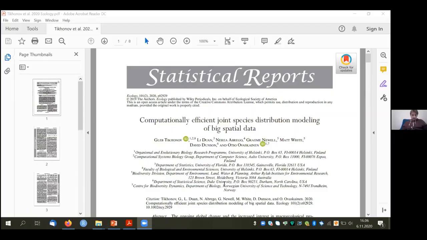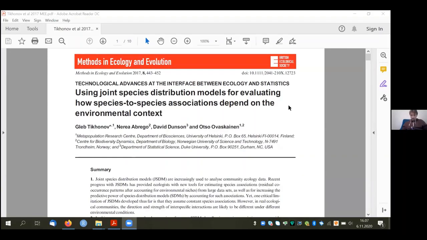Yeah, that's a very good point. And as you said already, it relates a bit to this issue of covariate-dependent associations. So here we have Gleb's first-author paper from 2017, which asked how joint species distribution models can be used to evaluate how these species association matrices depend on the environmental context.